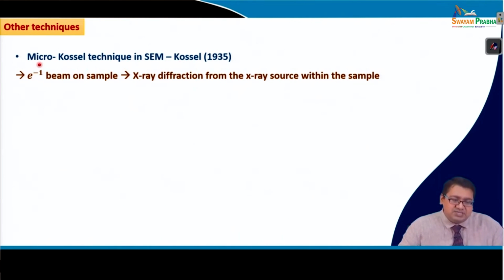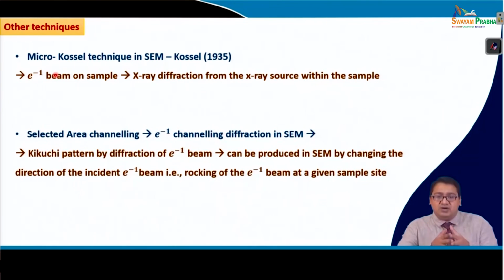In this case, the electron beam falls on the sample, and X-ray diffraction is basically taken, because electrons falling on the sample produce diffracted X-rays also, and these diffracted X-rays are used to understand the orientation relationship of the material. This diffracted X-ray beam comes from inside the sample.